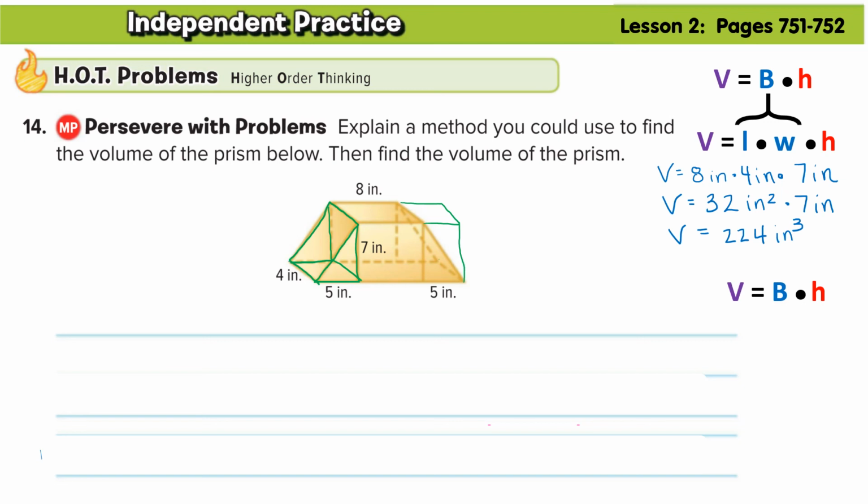And then this would go straight up. So if I moved this and flipped it over like that, it would be a rectangular prism. So this would be 5 by 7 by 4.